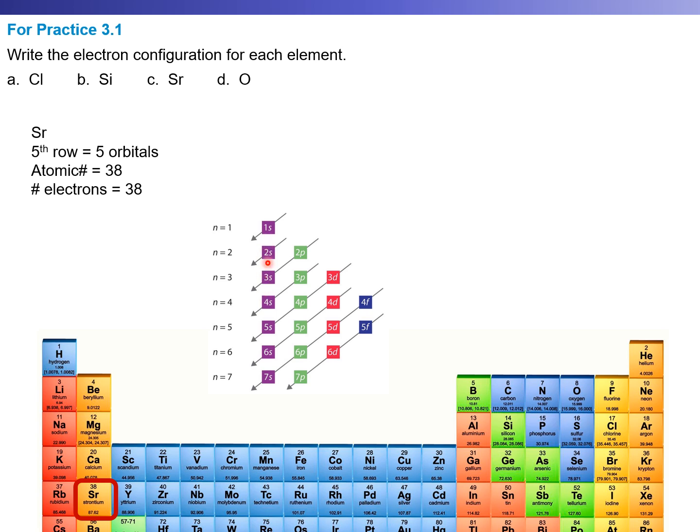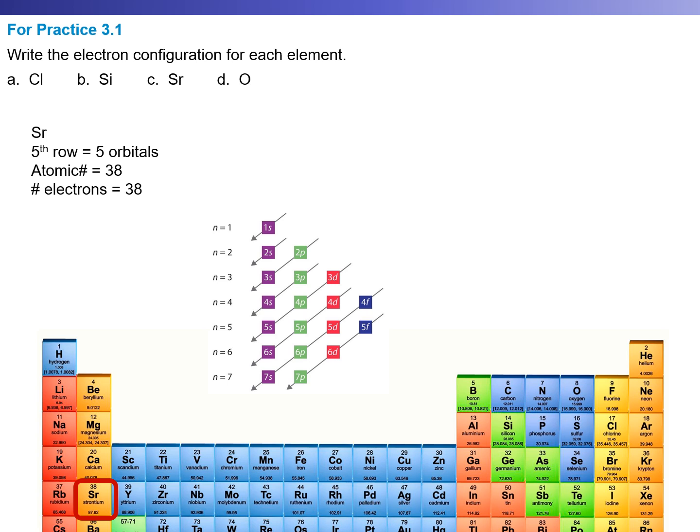So 1s is lower than 2s, 2s is lower than 2p, 2p is less than 3s, 3s is less than 3p, 3p is less than 4s, and then 3d is actually less than 4p, and 4p is less than 5s. So the lowest energy state is going to be filled first, and they're not sequential based upon the orbitals. You have to have a chart like this to understand how to fill things in.